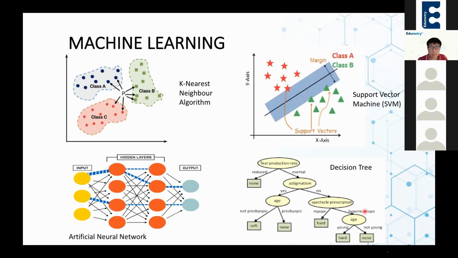These are different learning techniques, and we do not conclude which technique is better than the other, because it depends on the problem that you are solving. For some types of problems, decision tree is more appropriate, but for some problems it is suitable to apply k-nearest neighbor or artificial neural network.